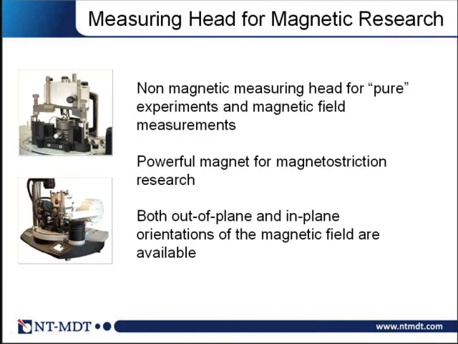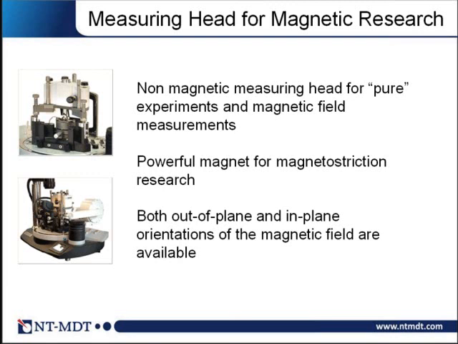So, in this sense, there are several possibilities to obtain such images. And what is important from the technical point of view, since you are working with magnetic fields, your device should be extremely non-magnetic, because all possible stray fields of the magnetic parts of the device can disturb your measurements.